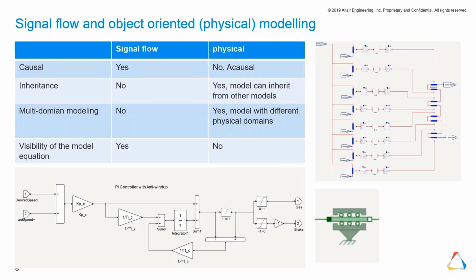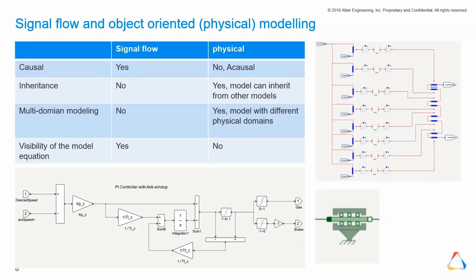Inheritance is also a very important part of physical modeling because your models are made of several models, which are the same as classes, and they can inherit functions and functionalities from other classes.